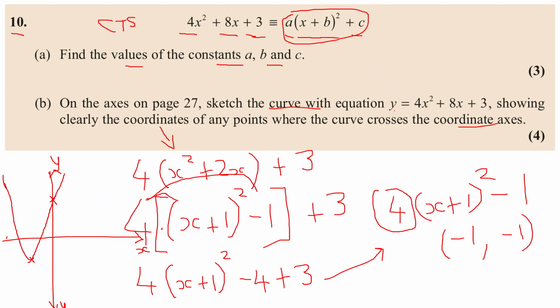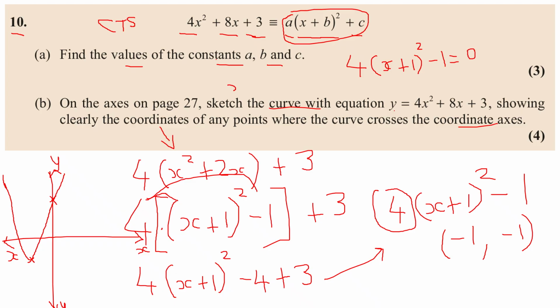And again, to work out the x-intercepts, you would obviously set the quadratic equal to 0 and then solve it. So if I set the completed square version here equal to 0 and solve it, I would add 1 to both sides, divide through by 4.